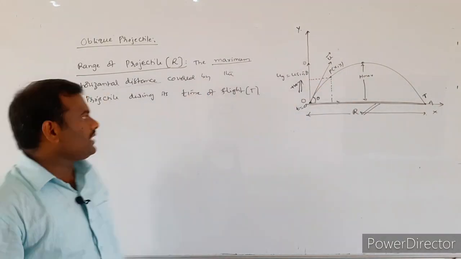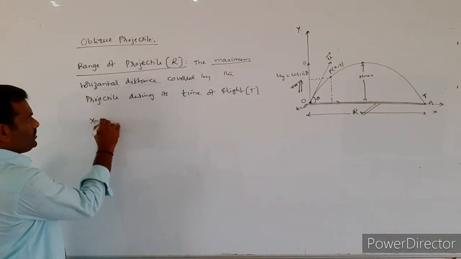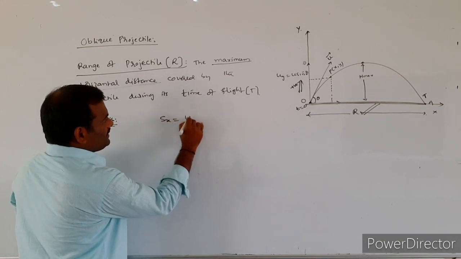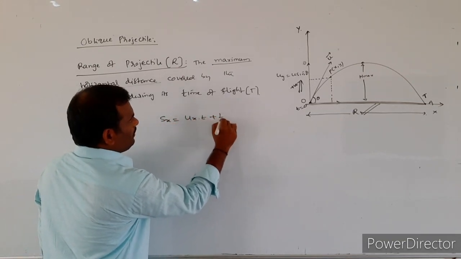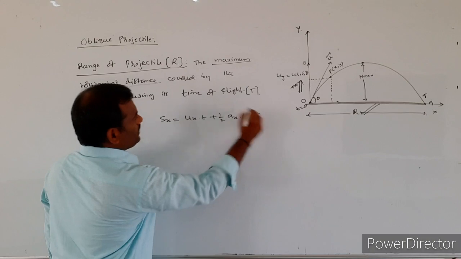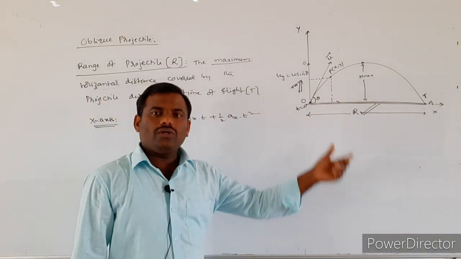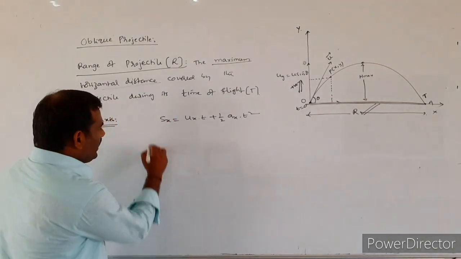This displacement is along the x direction, so we consider the motion along the x-axis. Sx is equal to ux t plus half ax t squared.